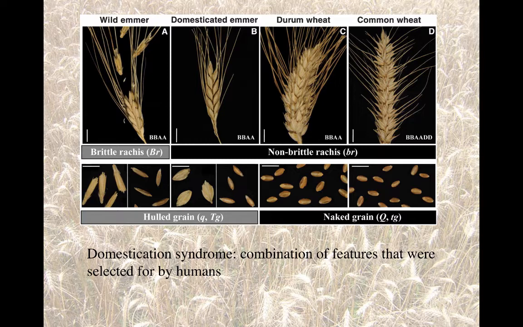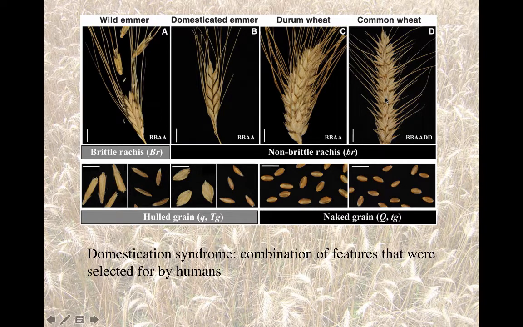So basically, humans have selected for lines in which they don't shatter. They're said to be non-brittle, so when you collect them, they don't fall off. That's what we have with the domesticated emmer, and as well the durum wheat and the common wheat. They all have these fruit heads that don't shatter.